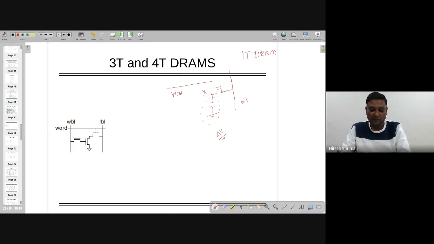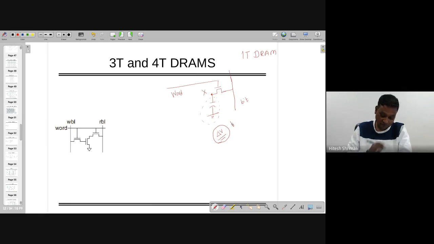So you need a very powerful sense amplifier which can sense such a small value, and accordingly you have to design a W by L. Notably, for a given frequency you need to increase W by L so that it can give you lower resistance and lower propagation delay, and your output is settled within the time. But this delta V will be smaller over here.